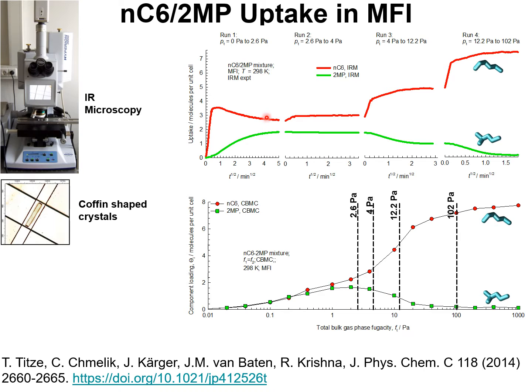And if we examine these two loadings at these pressures of 2.6, 4, 12.2 and 102, we note that these uptake loadings correspond very nicely with the component loadings determined from configurational bias Monte Carlo simulations, which show clearly entropic exclusion of 2-methylpentane from the pores of MFI zeolite.